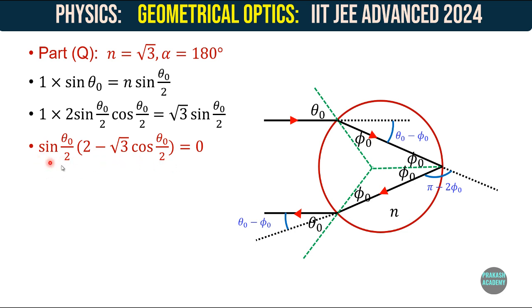So either this term is 0 or this term is 0. If this is 0, then theta naught equals 0 degree.